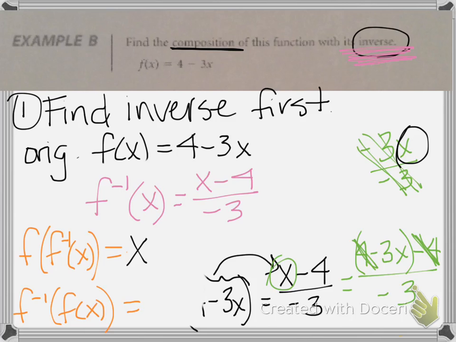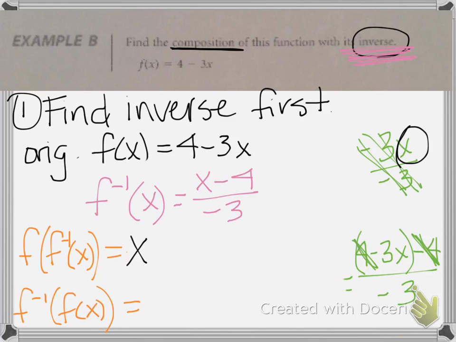So with inverse functions, forwards or backwards, plugging the inverse into the original or the original into the inverse, it doesn't make a difference. We get x both times. This is a really important concept: if you do the composition of a function with its inverse, you always get x. So to just finish off here, let's take that last note.